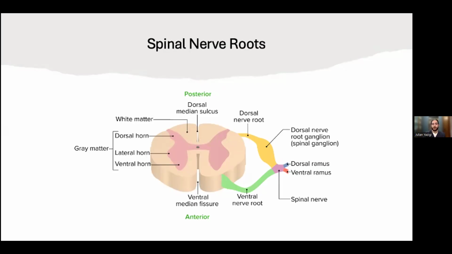On the other hand, the ventral roots contain the axons of the motor neurons located within the anterior horn of the spinal cord. These include large alpha motor neurons, which innervate extrafusal muscle fibers, and gamma motor neurons, which regulate the sensitivity of muscle spindles.